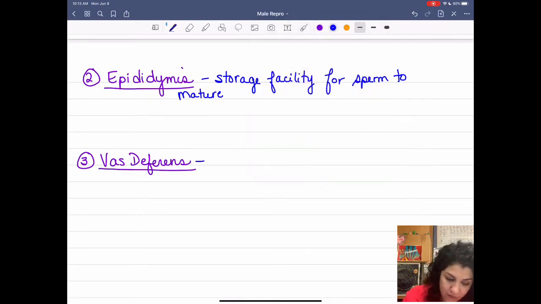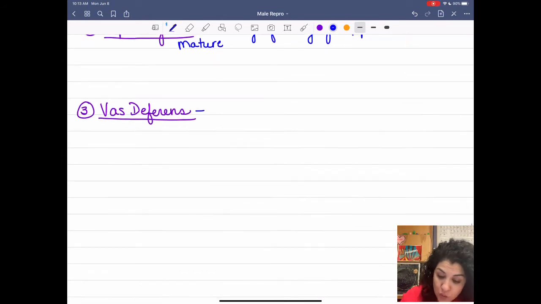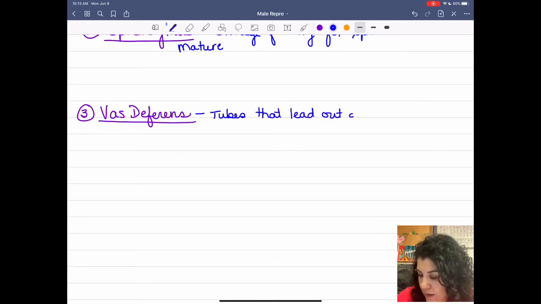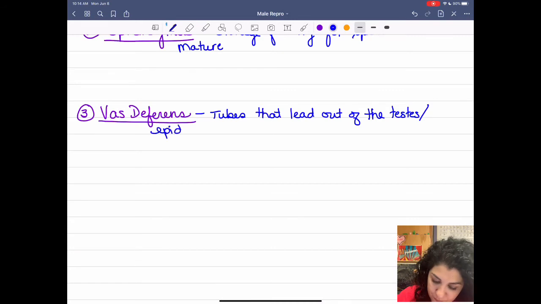So the vas deferens, these are the tubes that lead out of the testes and epididymis, right? Into the ejaculatory duct.